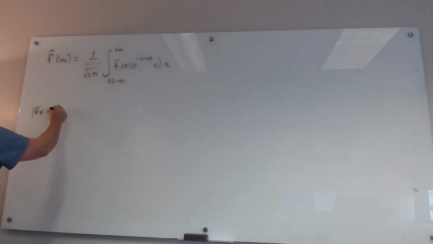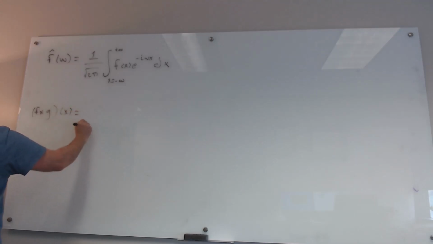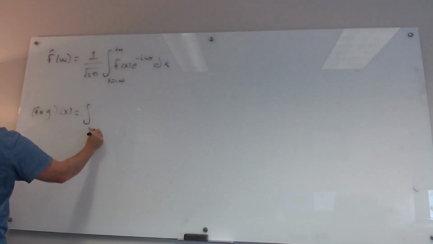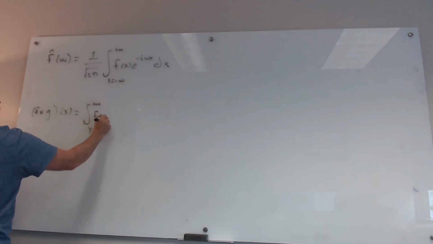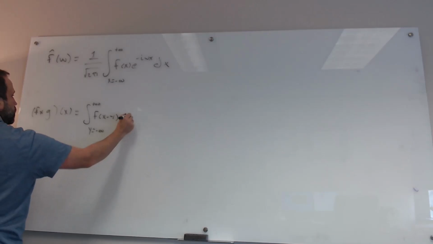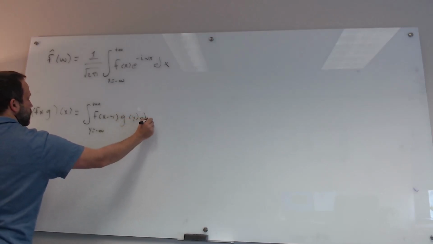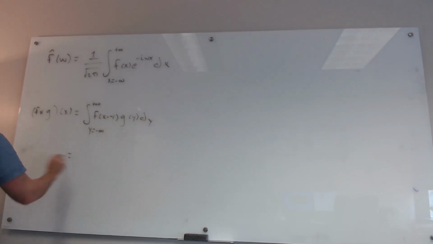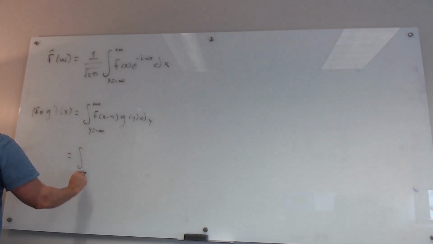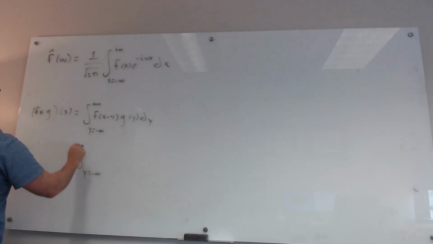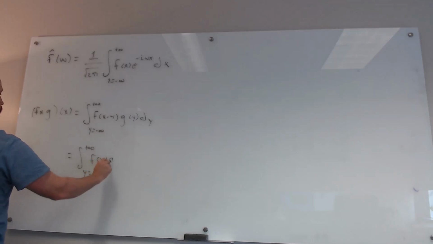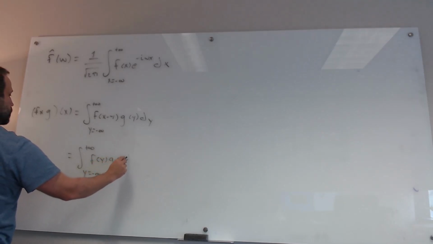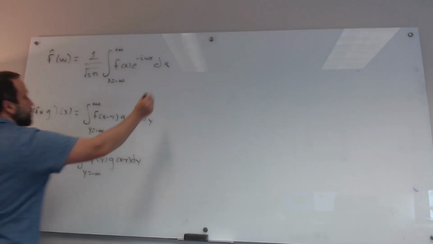So the convolution of f and g is equal to the integral, y going from minus infinity to positive infinity, of f of x minus y times g of y dy, and by making a change of variable, say u equals x minus y, this is also equal to the integral, y from minus infinity to positive infinity, of f of y g of x minus y dy.